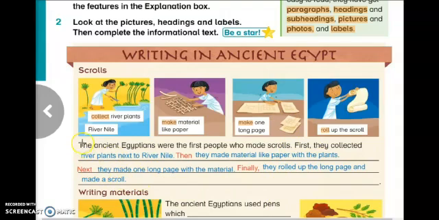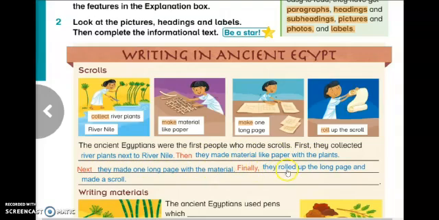Now let's read this paragraph again. The ancient Egyptians were the first people who made scrolls. First, here from the beginning we have to use first. They collected river plants next to river Nile. Then they made material like paper with the plants. Next, they made one long page with the material.